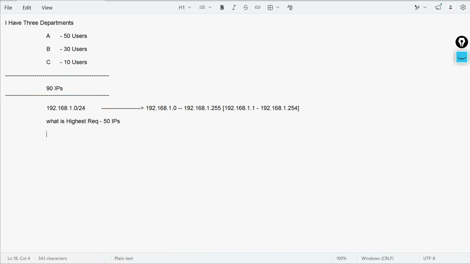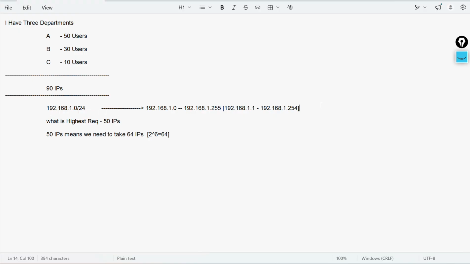Based on the 50, we will do subnetting. 50 IPs means we need to take 64 IPs. 64 means 2 power of 6. 2 power of 6 equals 64. So to meet our requirement, we need to borrow 6 bits.